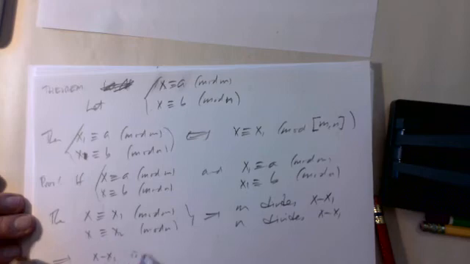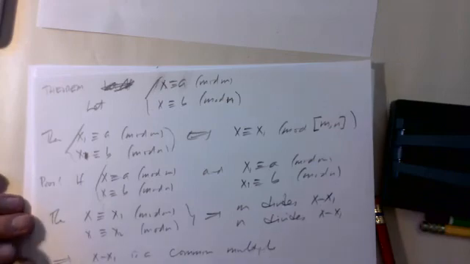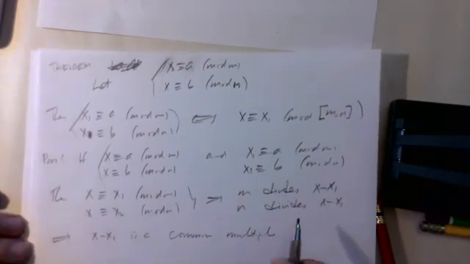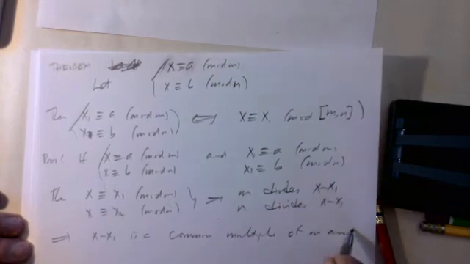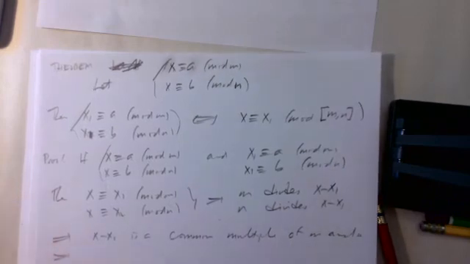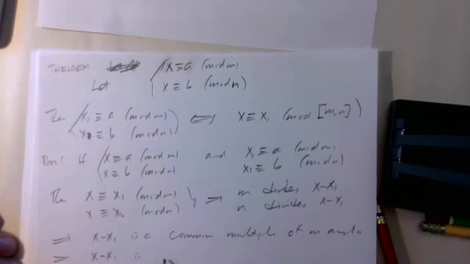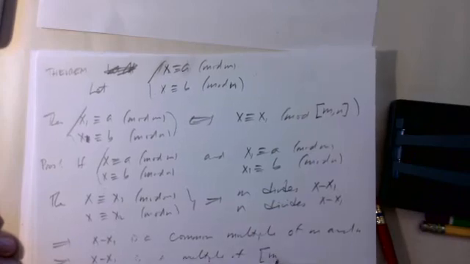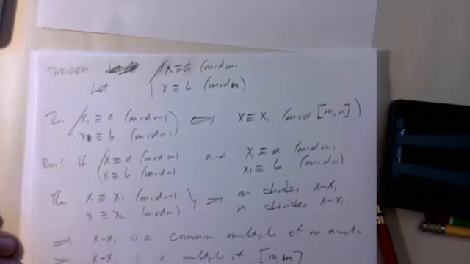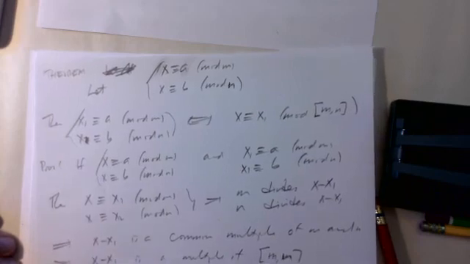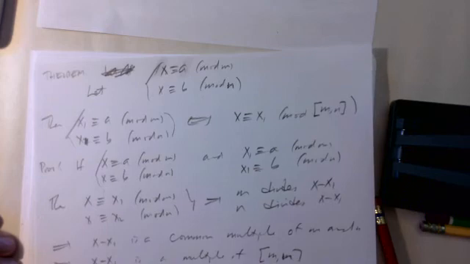So x minus x1 is a common multiple of m and n. And if a number is a common multiple of two integers, it itself is a multiple of the least common multiple. So x minus x1 is a multiple of the least common multiple of m and n. So x is congruent to x1 modulo this least common multiple.